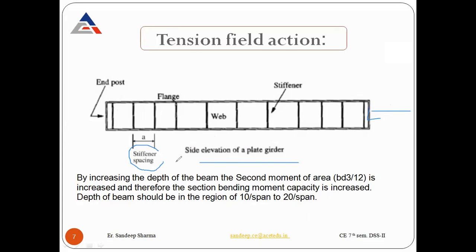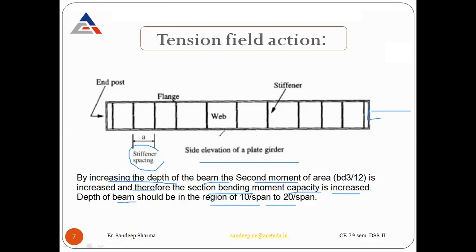The tension field action acts by increasing the depth of the beam, and the second moment of area, which is bd³ by 12, is increased, and therefore the section bending moment capacity is increased. The depth of the beam should be in the region of span by 10 to span by 20.